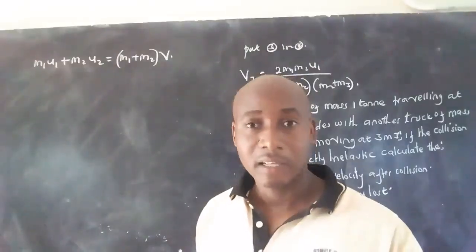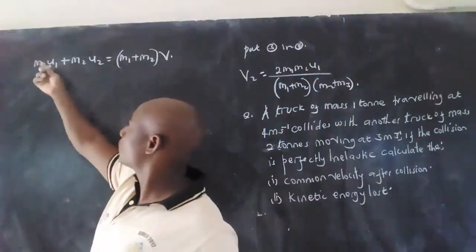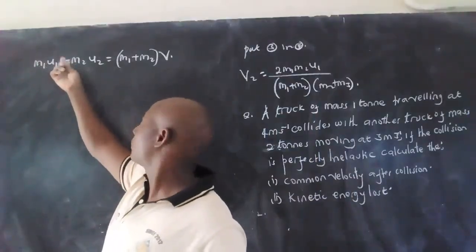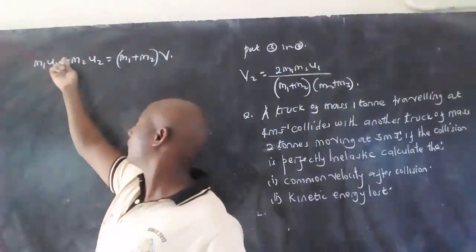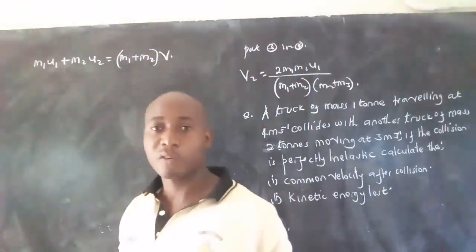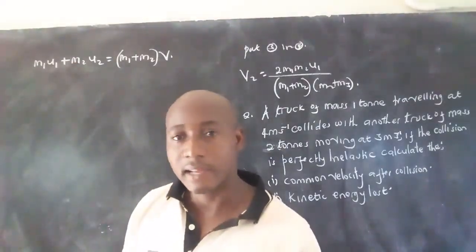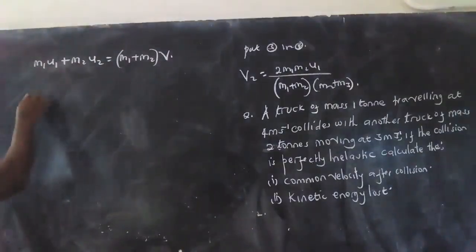You understand? Supposing the second truck was moving due west and this is due east, opposite direction, we will put a negative on the momentum, since momentum itself is a vector quantity.